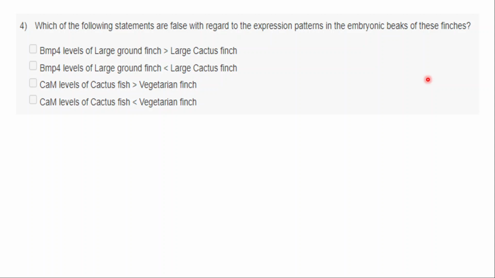Option B, BMP4 levels of large ground finch less than large cactus finch. Option C, CaM levels of cactus finch greater than vegetarian finch. And option D, CaM levels of cactus finch less than vegetarian finch.